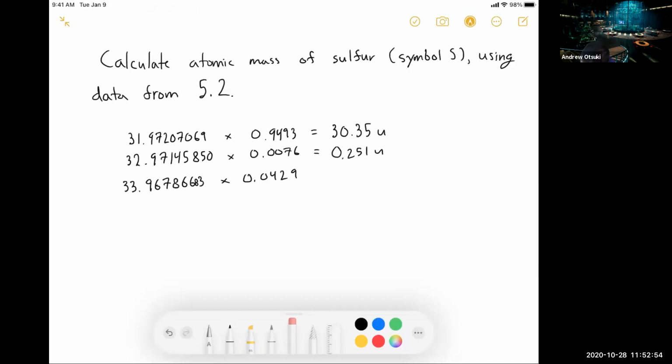So let's just erase this and draw it nicer. 33.967 times 0.0429 equals 1.457 U.